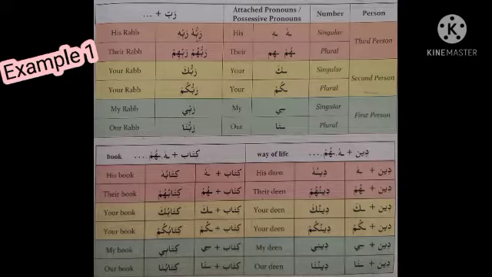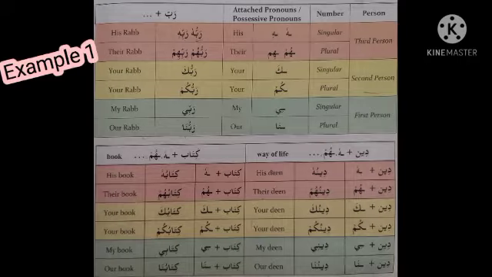In the third person with singular hu, we will say Rabbuhu, his Rabb. And there are two shapes of this ha for singular third person, whether it will be hu or it will be hi. So the example will be Rabbuhu or Rabbihi, and the meaning will be same in English language, his Rabb.